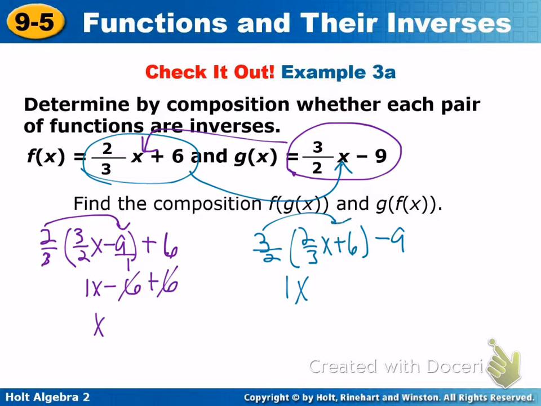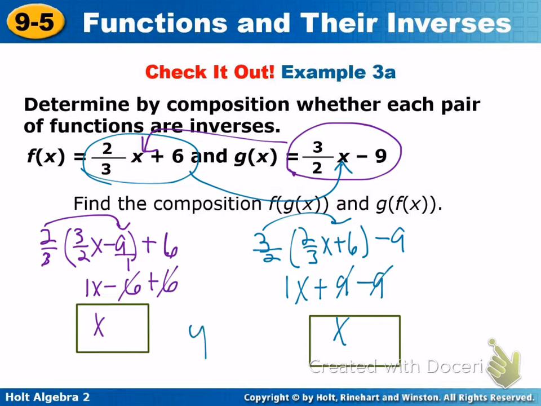Okay, the 3/2 times the 6. 6 times 3 is 18, divided by 2 is 9, so plus 9 minus 9. Cancel, and we're left with x. So what's our answer? Our answer is yes, they are. Okay?